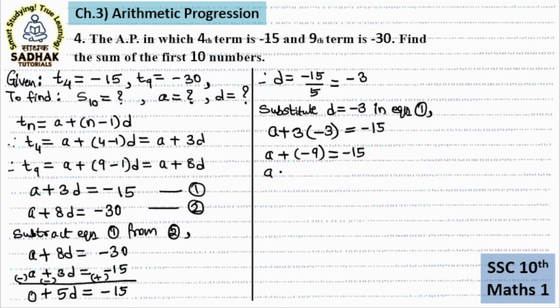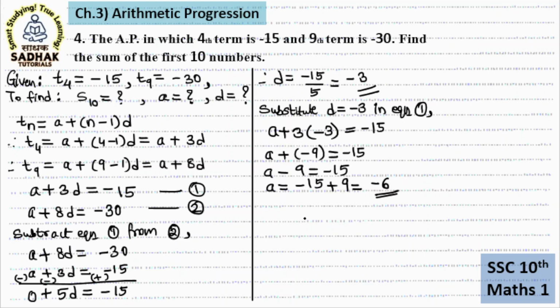So A minus 9 is equal to minus 15. Therefore A will be minus 15 plus 9. This 9, when it comes to this side, becomes plus. So minus 15 plus 9 gives us minus 6. Now we have D, and we have A.